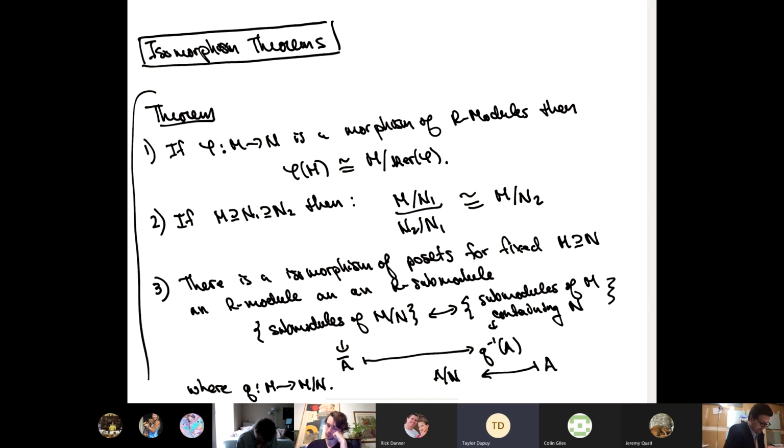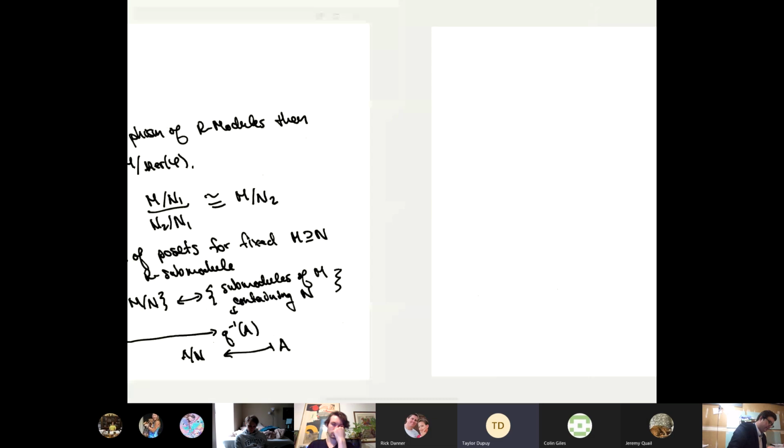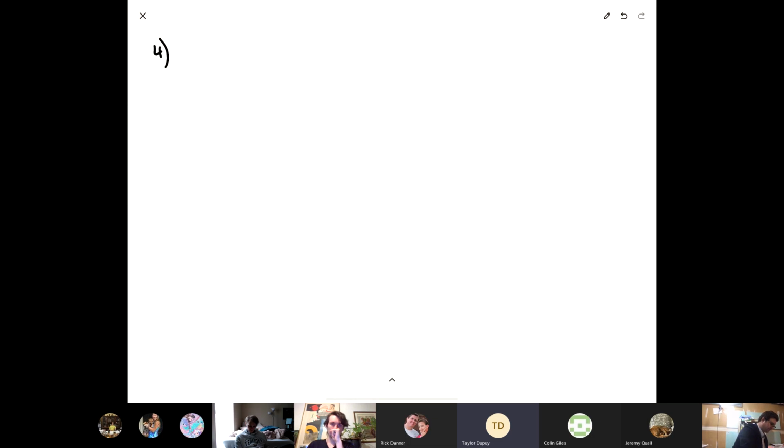Let me pause for a second since you guys don't have a copy of this. This is the canonical quotient map. The last one is this one that you rarely use. I think I use this one the least.